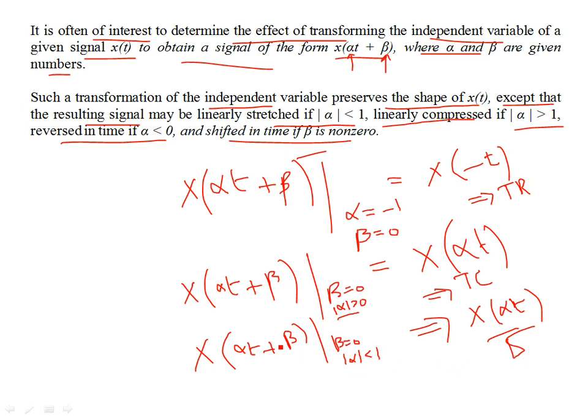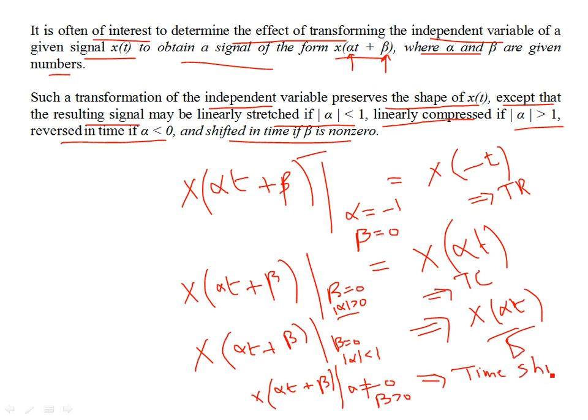So with alpha not equal to 0, if beta is positive or negative, then the time shift could be an advance or it could be simply a delay towards right. If alpha is not equal to 0, it could be anything, and beta is non-zero, this implies time shift.